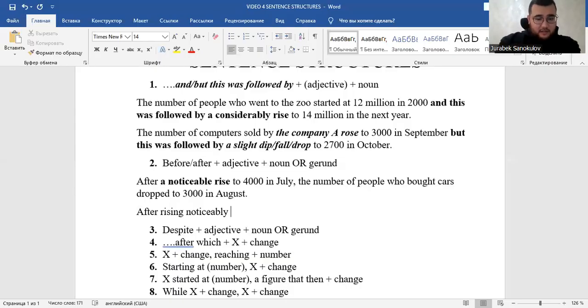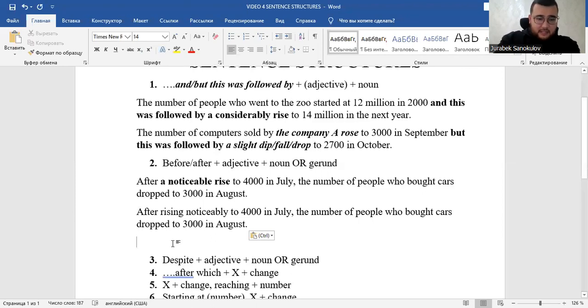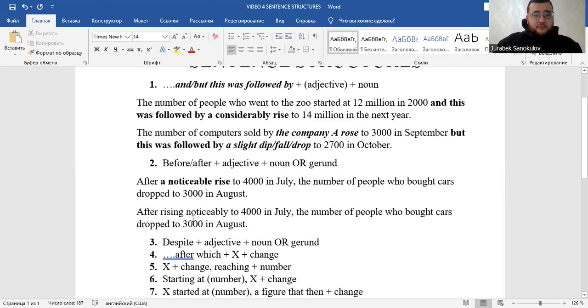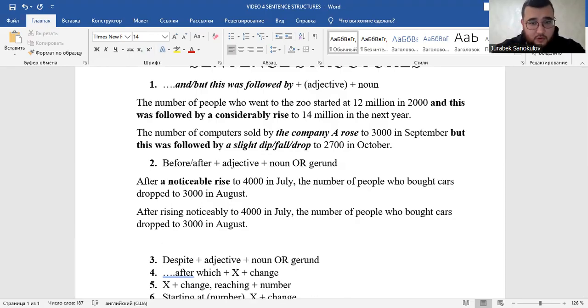I'm using verb sentence structure, to 4,000 in July. Then I'm basically going to copy and paste this part of the sentence. That's how you will use it. After rising noticeably to 4,000 in July, the number of people who bought cars dropped to 3,000 in August. So here, let me explain one more thing.